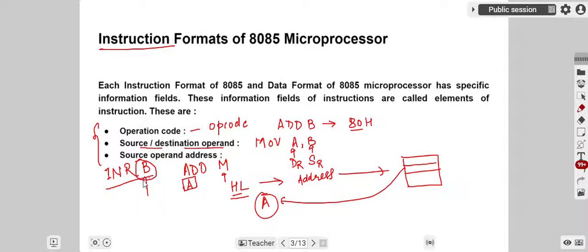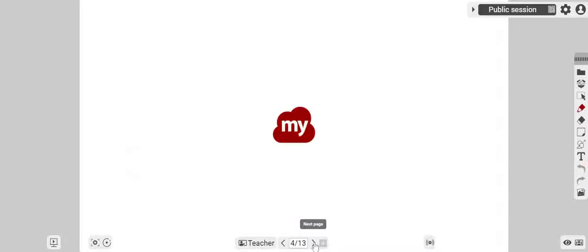It will take the source contents from register B, and the result of the operation will also be stored again in register B. So we can say that the source register is the B register, and on the other hand, the destination register is also B for this instruction. So this is how instruction formats are provided. What are the elements of these instructions?